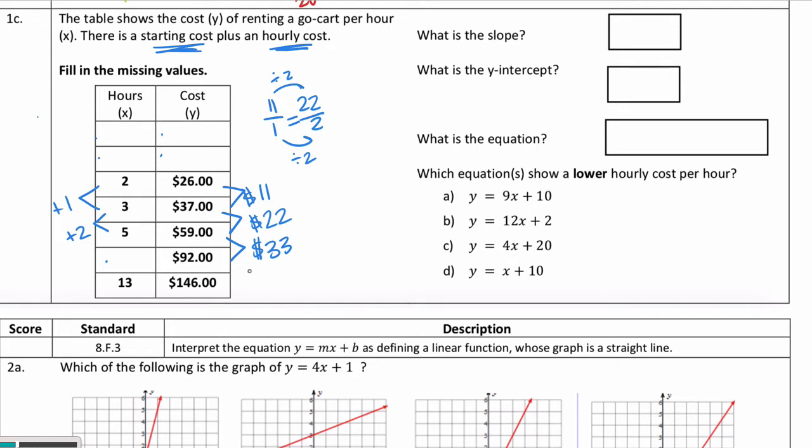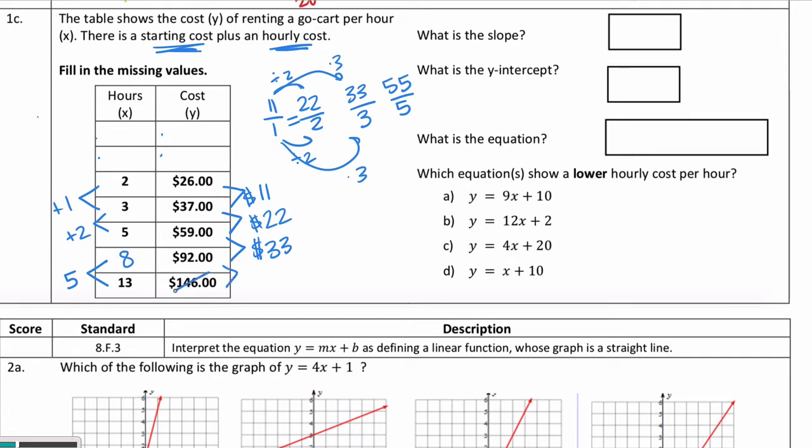I can do the same thing to get to $33. $33 for every 3 hours would be equivalent to $11 per hour times 3. So that would be 3 more hours than 5, which is 8. Do it again here just to make sure we're correct. That is a 5-hour change, so it should be 5 hours for $55. Let's see what happens here.